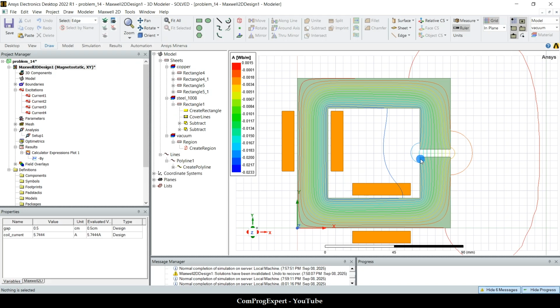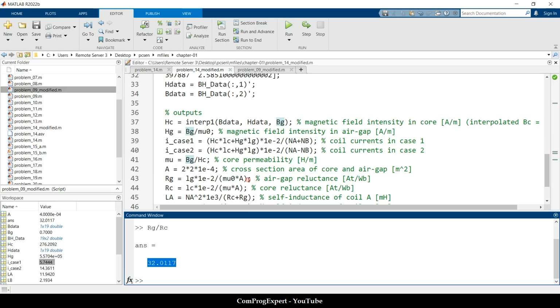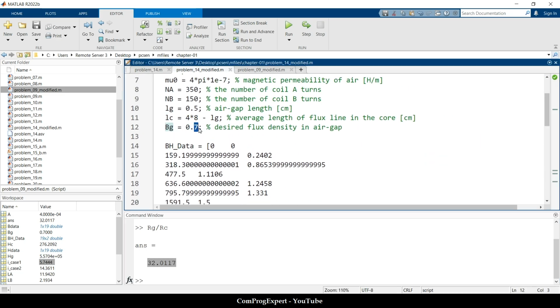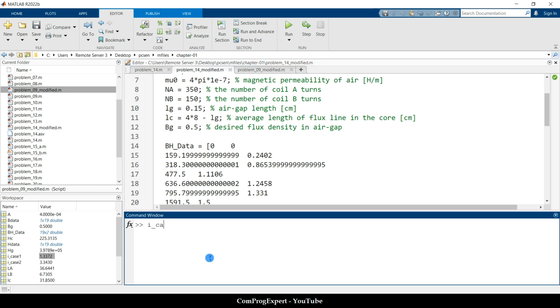Therefore, the magnetomotive force drop on the air gap is much higher than the core. So let's change back to the previous assumption, 0.515. This is the value of the current for the case 1.